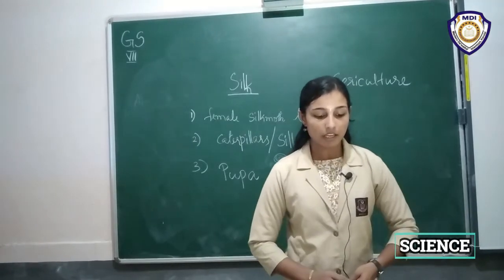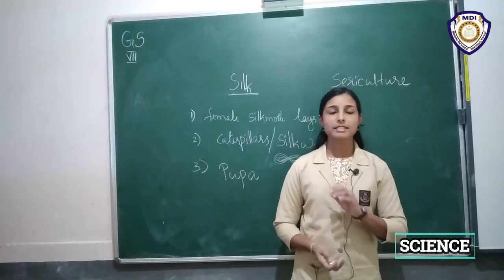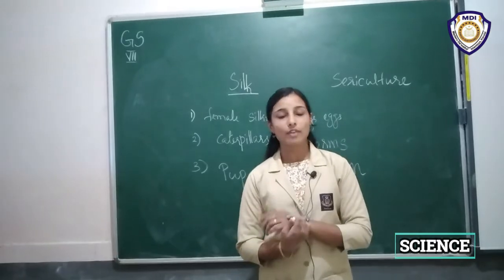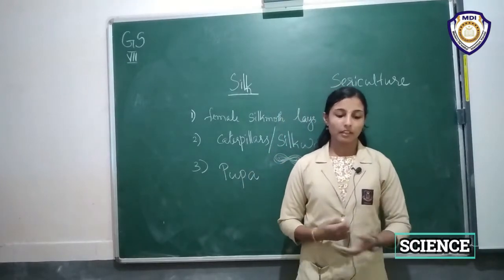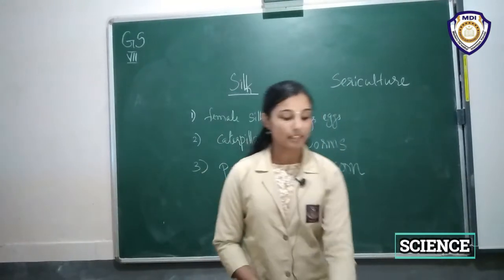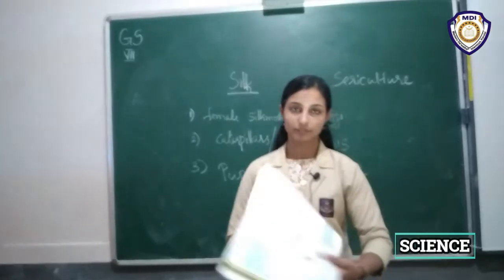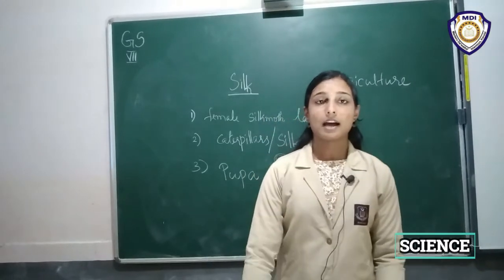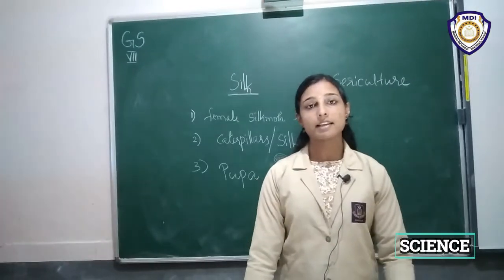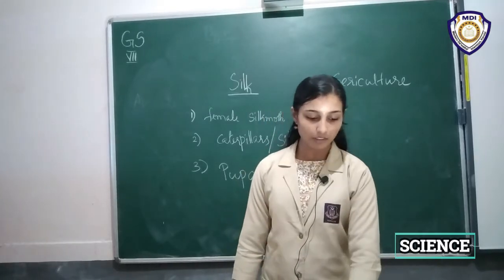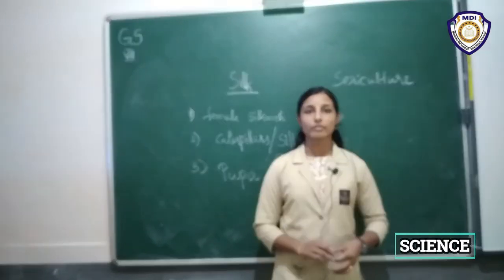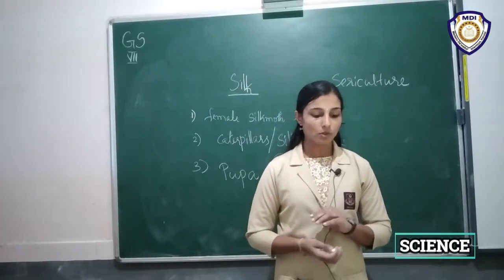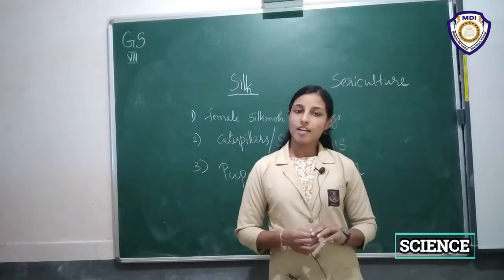First one, rearing silkworms. Rearing silkworms includes the following: a female silk moth lays hundreds of eggs at a time. In the first figure you can see there are a lot of eggs. These eggs are stored carefully on a strip of cloth or paper and sold to silkworm farmers.